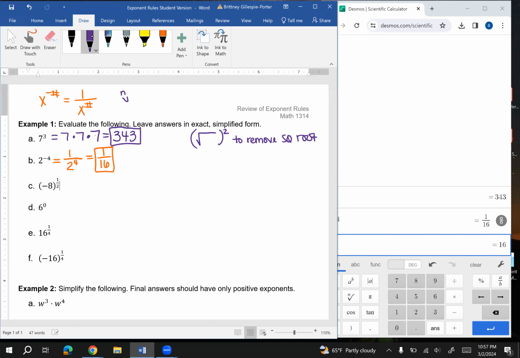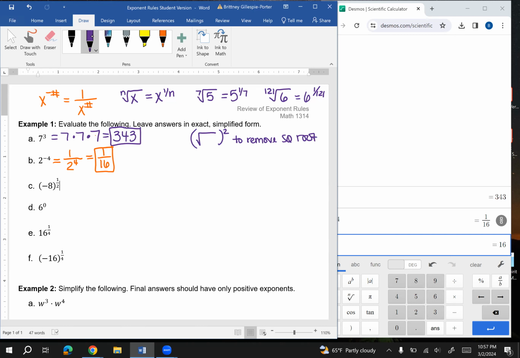So if you have the nth root of x, that becomes x to the 1/n. So for example, if I had the 7th root of 5, that would become 5 to the 1/7. If I had the 121st root of 6, that would be 6 to the 1/121.